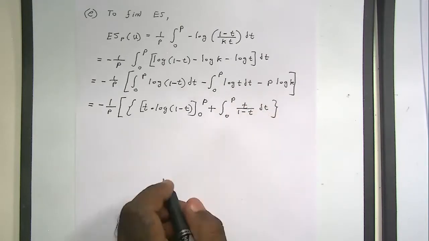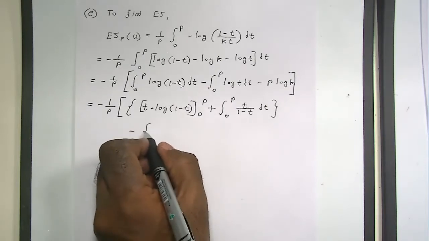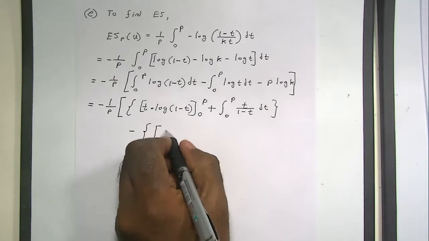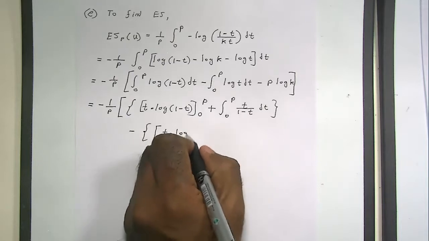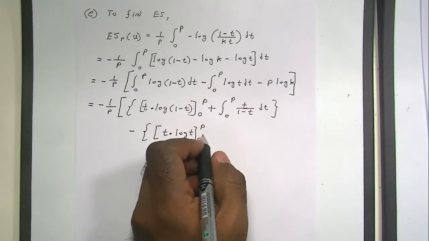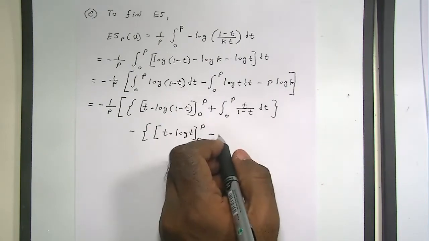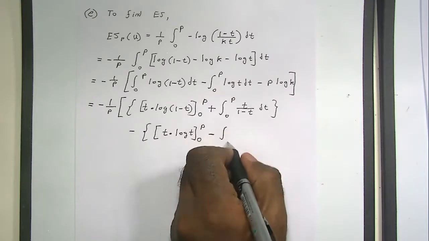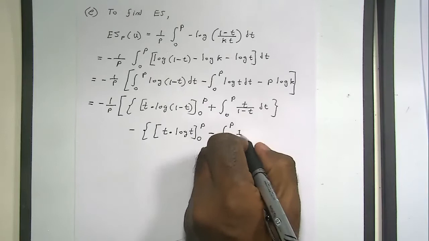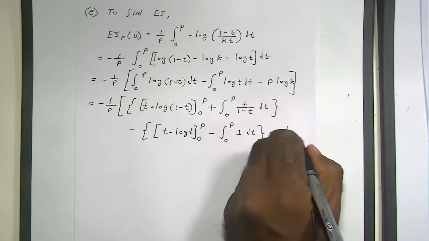That's for the first integral. For the second integral, you get 0 to p of 1 times dt, and then we have p log k.